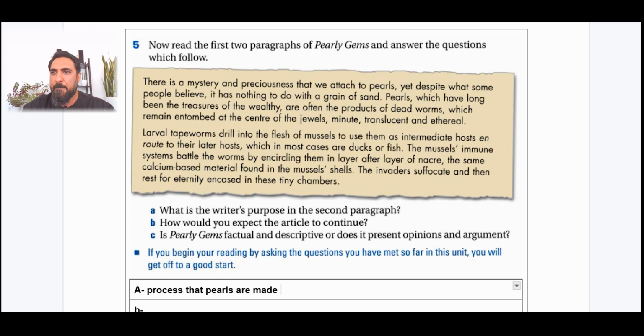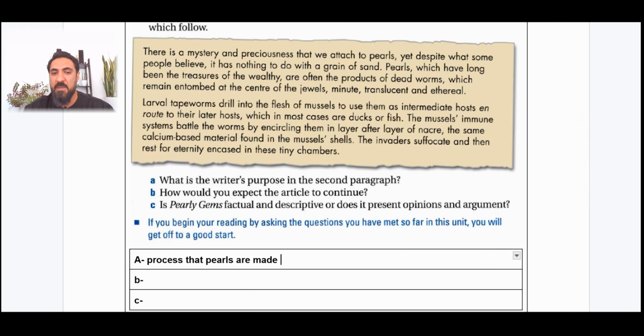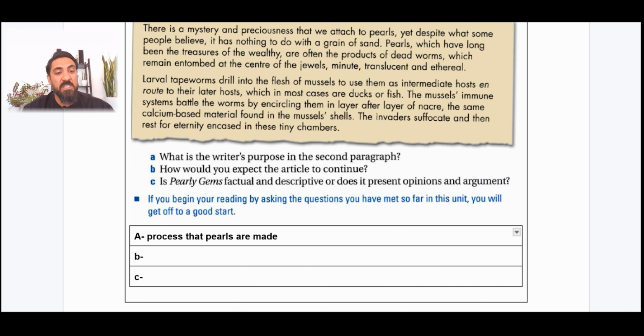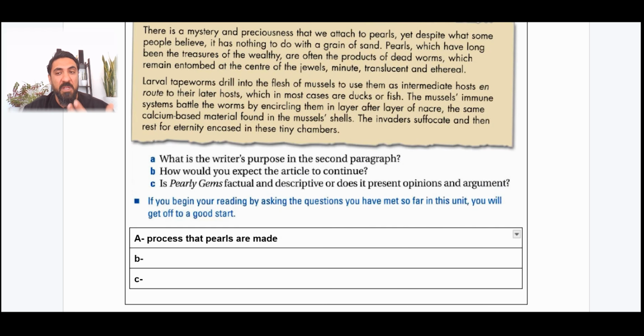And the next question, how would you expect the article to continue? We would expect the article to continue with more information about the pearls and maybe some background on the production, who uses them, the price of the pearls and stuff like that. So this is just orientating yourself to the text, becoming familiar with the text.